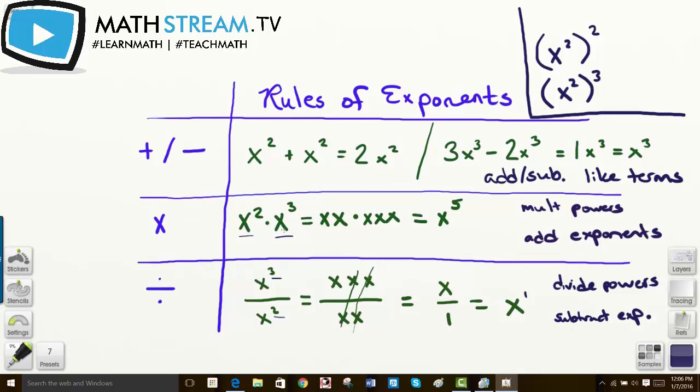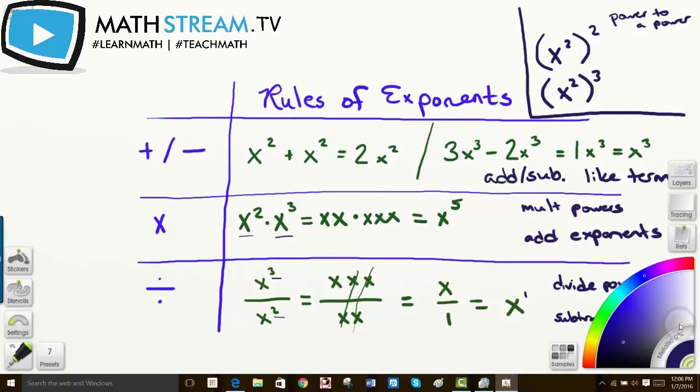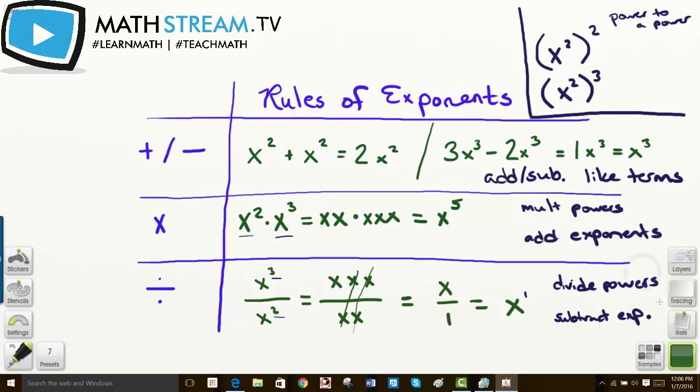When we multiply powers, or expressions with powers, we add the exponents. But in this case, this would be the situation that I would call taking a power to a power. And this first expression, remember, we define squaring as just taking two factors of x squared, so it would be x squared times x squared, which then we add the powers, that would be x to the 4th.